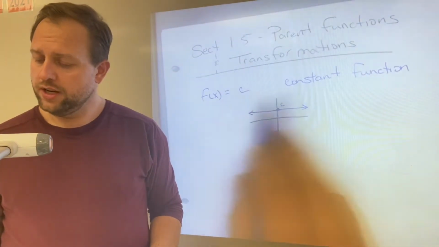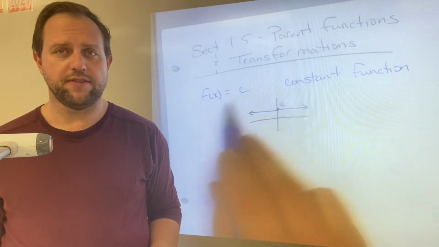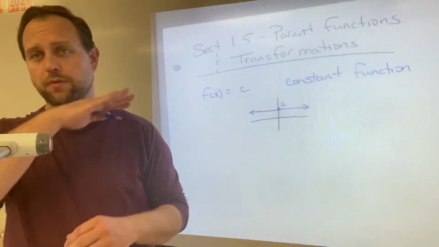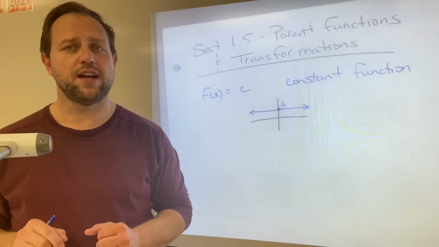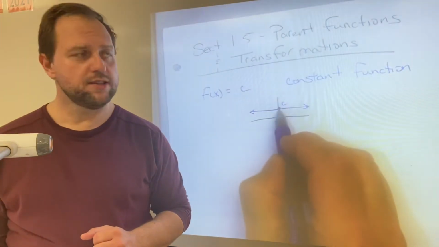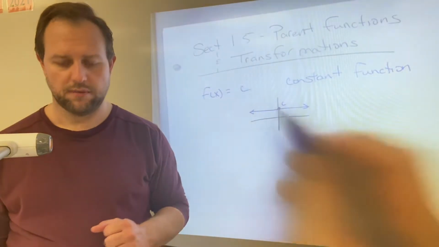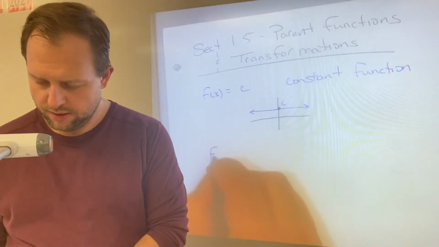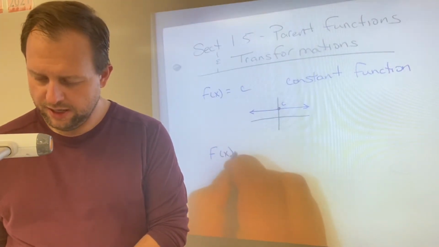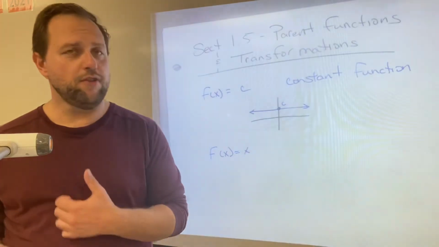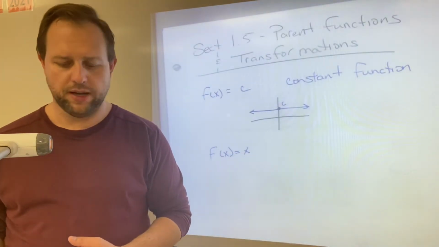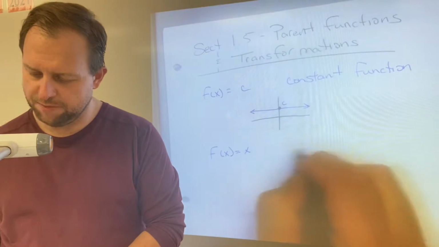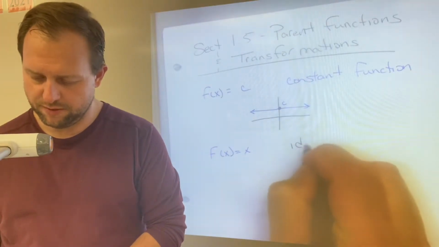The first function, the constant function, f of x equals c, is the simplest one, where we just have a horizontal line at value c on the y-axis. The second function, f of x equals x, we've referred to as a linear function, but they're going to identify this in its simplest form as an identity function.